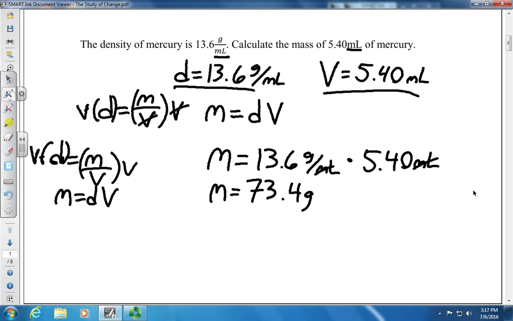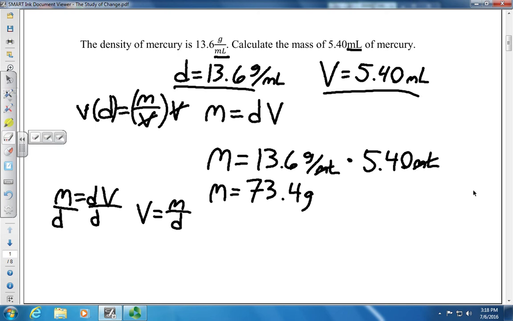Alternatively, if you were looking for the volume and you had mass and density, you would simply divide by density, and you would find that volume is equal to mass over density. Simple enough. Just make sure you do the algebra prior to plugging in the information. That's all there is to it.